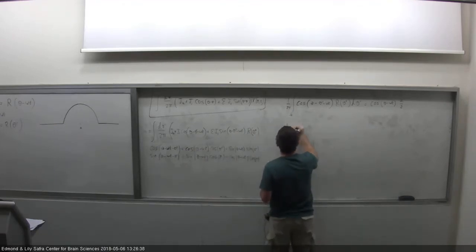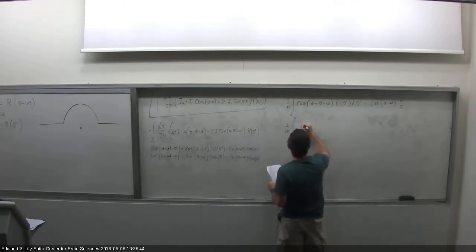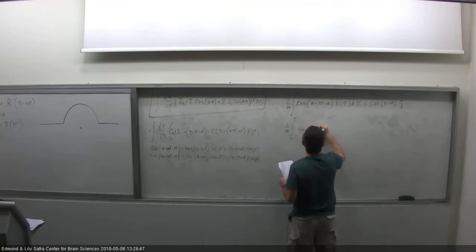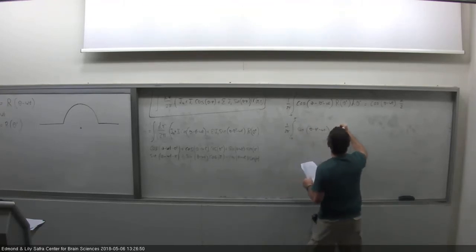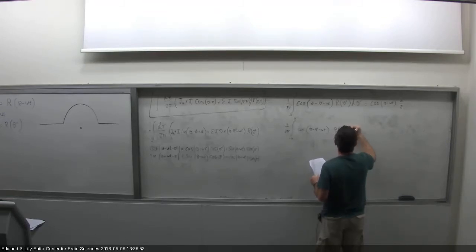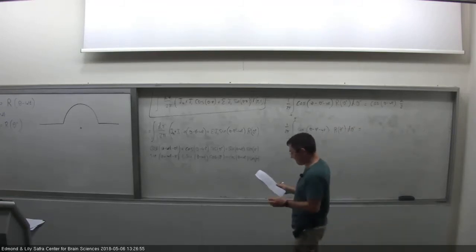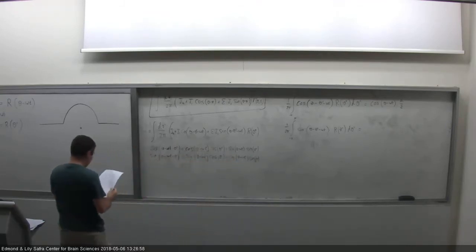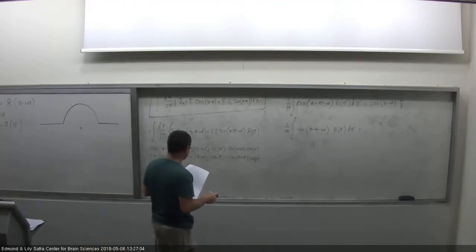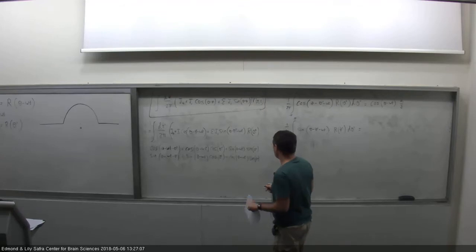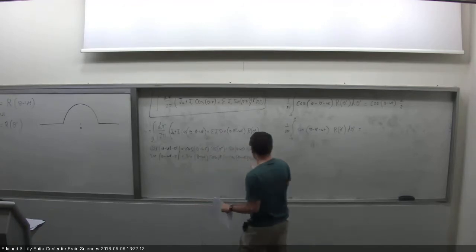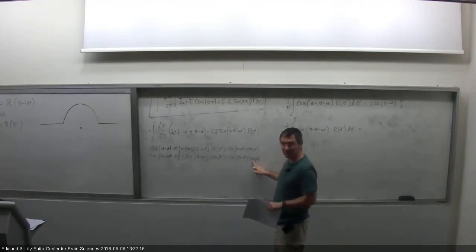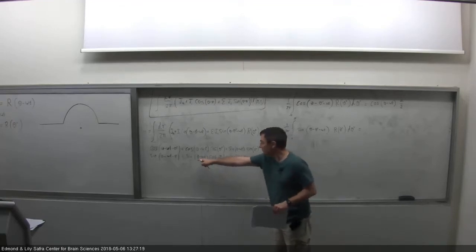We'll have another one, 1 over 2 pi, from minus pi to pi of sine of theta minus theta prime minus wt times r of theta prime prime d theta prime prime. Again, this term will not contribute anything, so we're only left with this term, but this time with a sign.